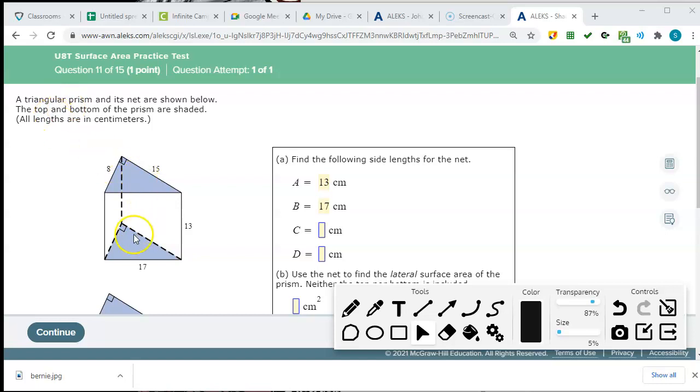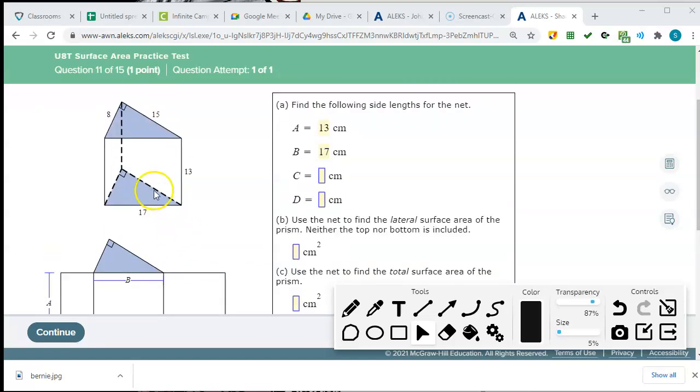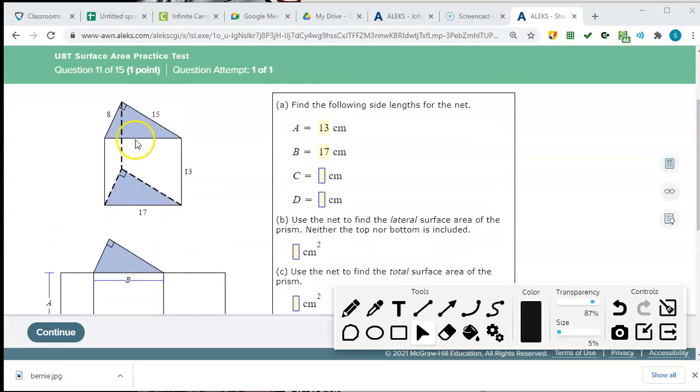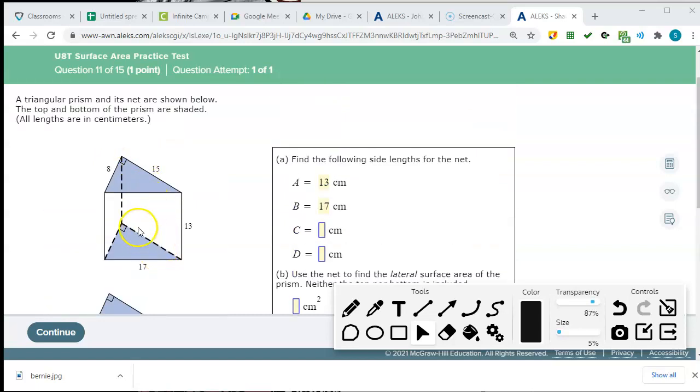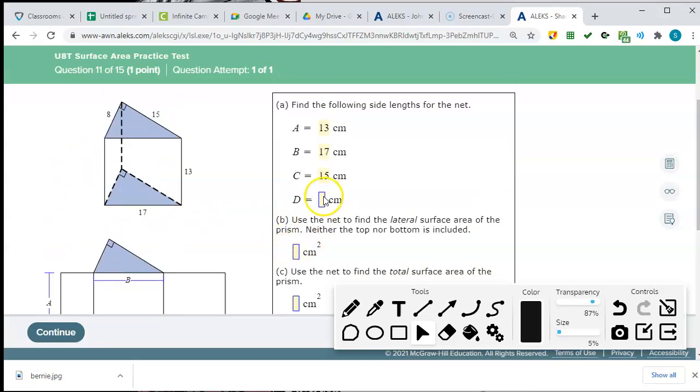So this side is the same as this side, which means this side is 8 and this side is 15, which will help us in just a bit. So when we look at B was 17, C was this side here, which is the same as this side here, so C is 15, and D should be our short side. D should be our 8.